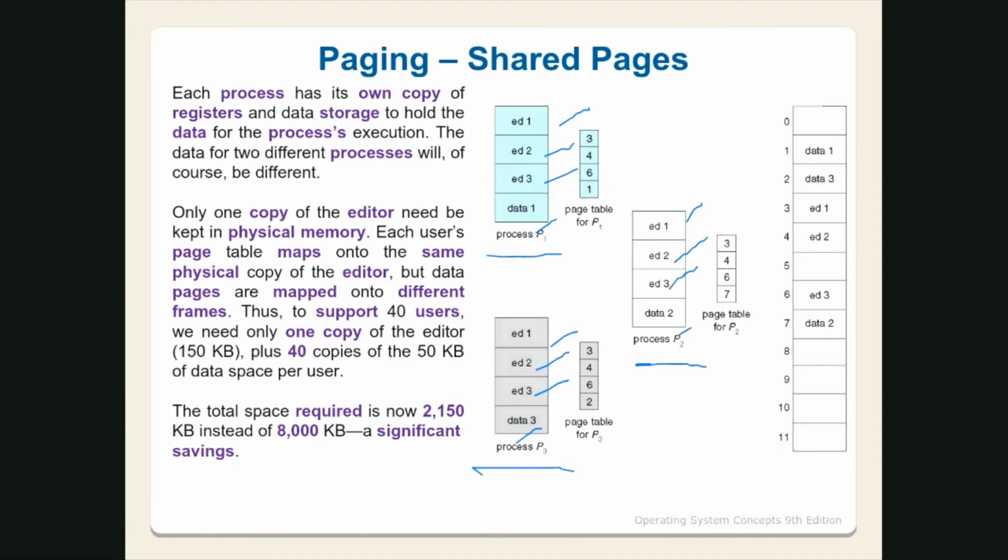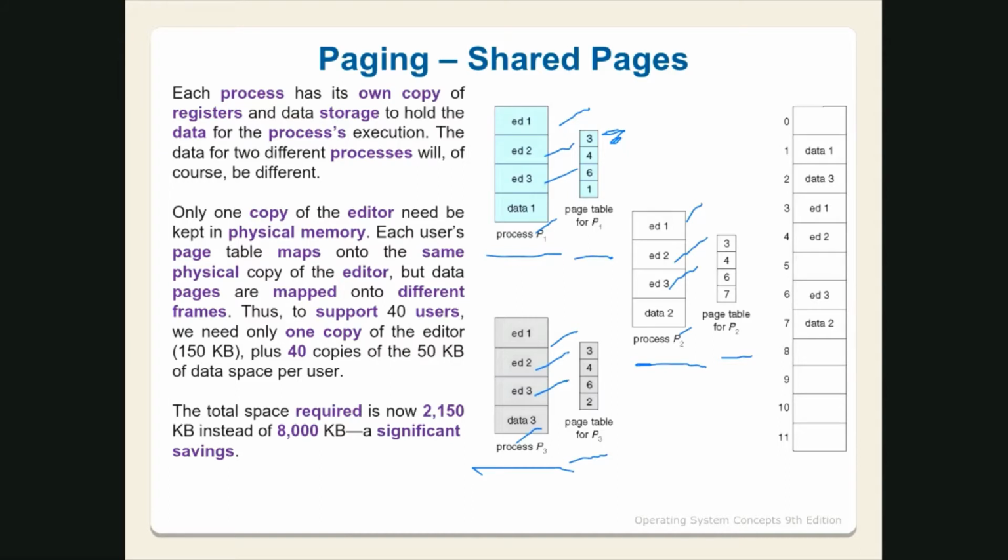So here you have the page table for P1, page table for P2, page table for P3. You look into the page tables, you will see the shared pages. Can you see page 3? This one, it's not page 3. This is the frame number. Whatever is written in the page table, it is the frame number. See, 3, 4, 6.